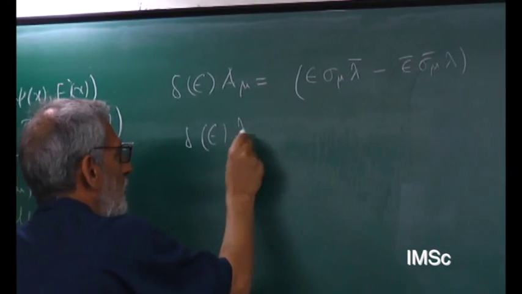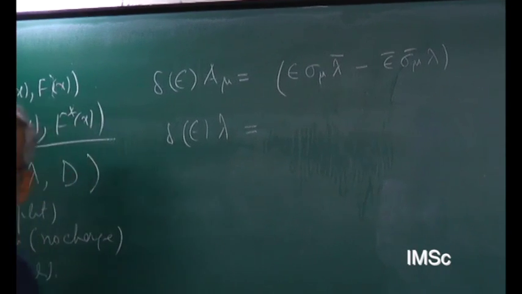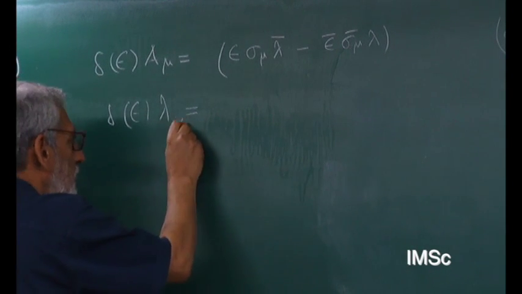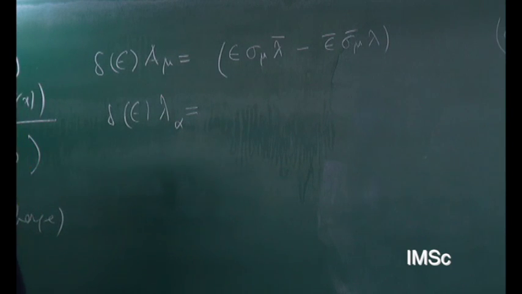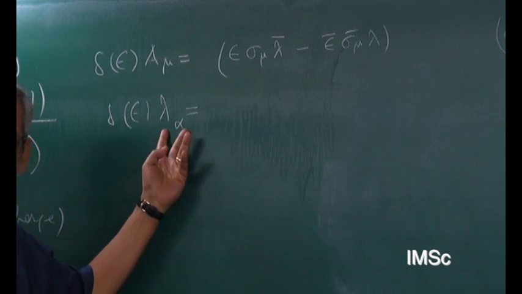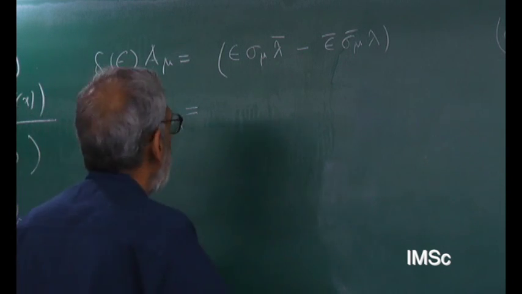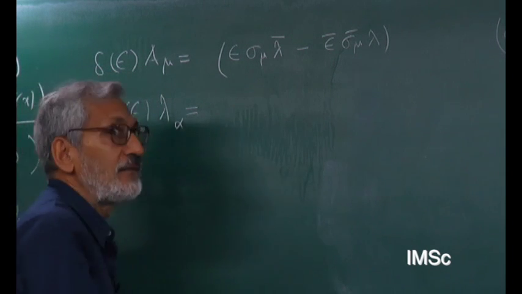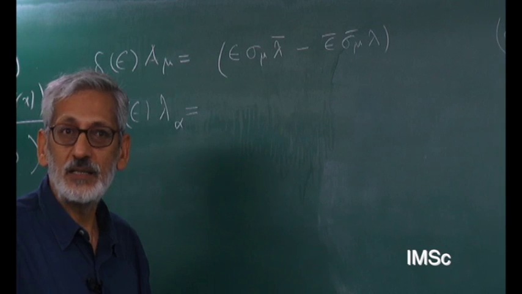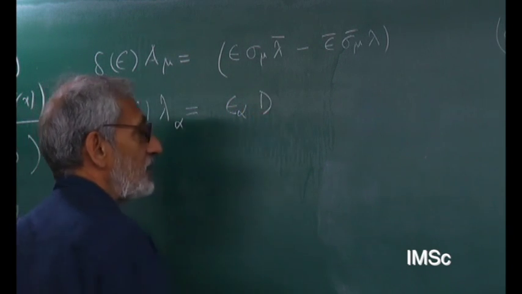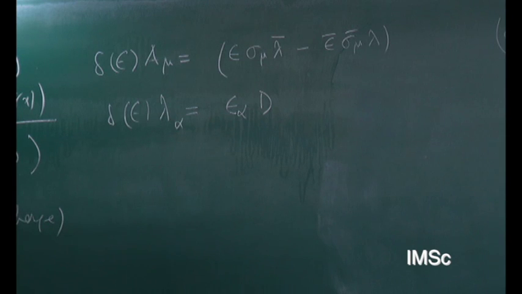Then we must now prescribe the transformation law for lambda. Let me put alpha on it, because lambda is made up of two components, alpha is 1 and alpha is 2. So again it should convert itself into a mass dimension 2 object. So let's introduce D, a mass dimension 2 object, real scalar field.